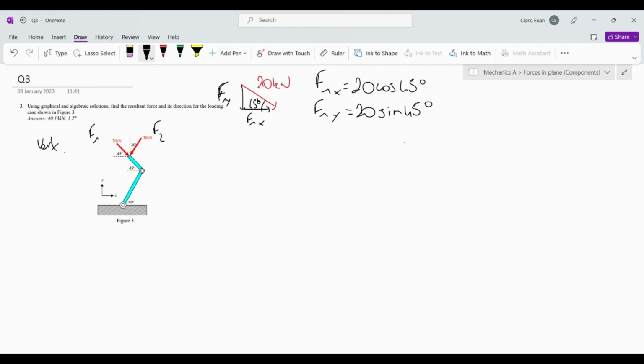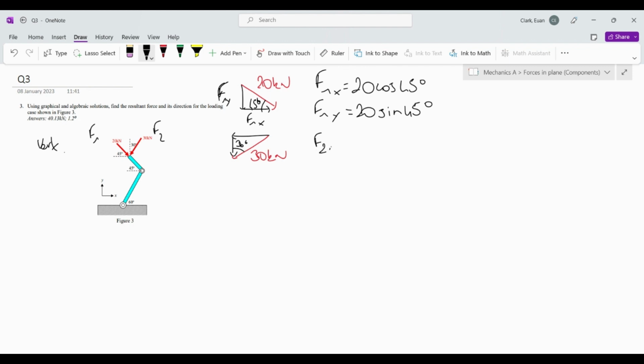Fantastic. Then F2 is another force. Just going to pop it like this. And this is 30 kilonewtons. Now we're going to have the x component and the y component, and we have an angle. Here we're giving this one 30 degrees.